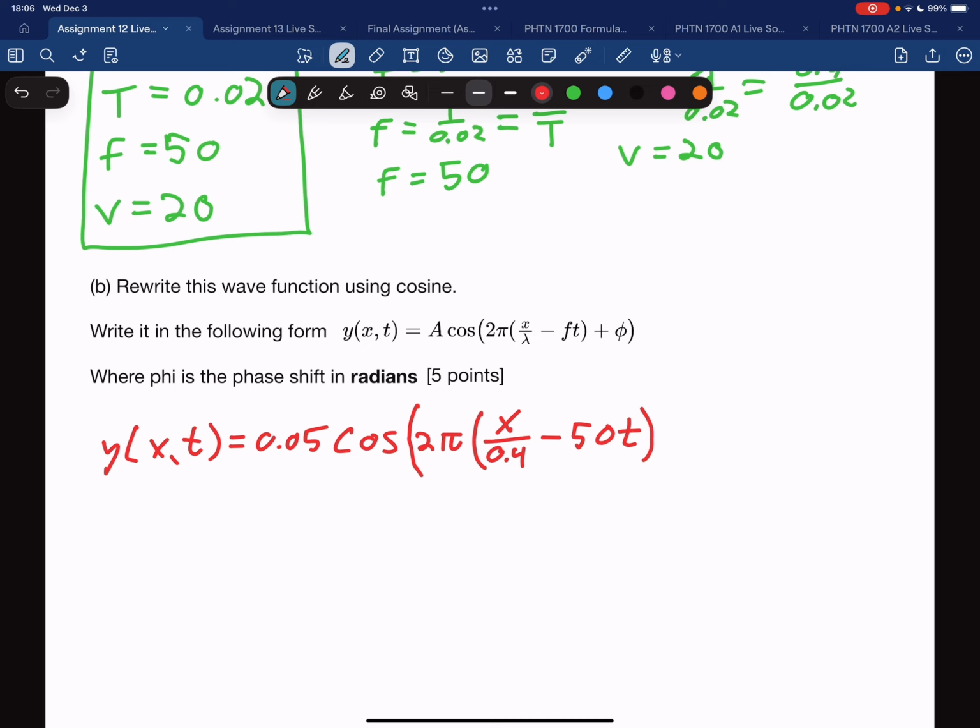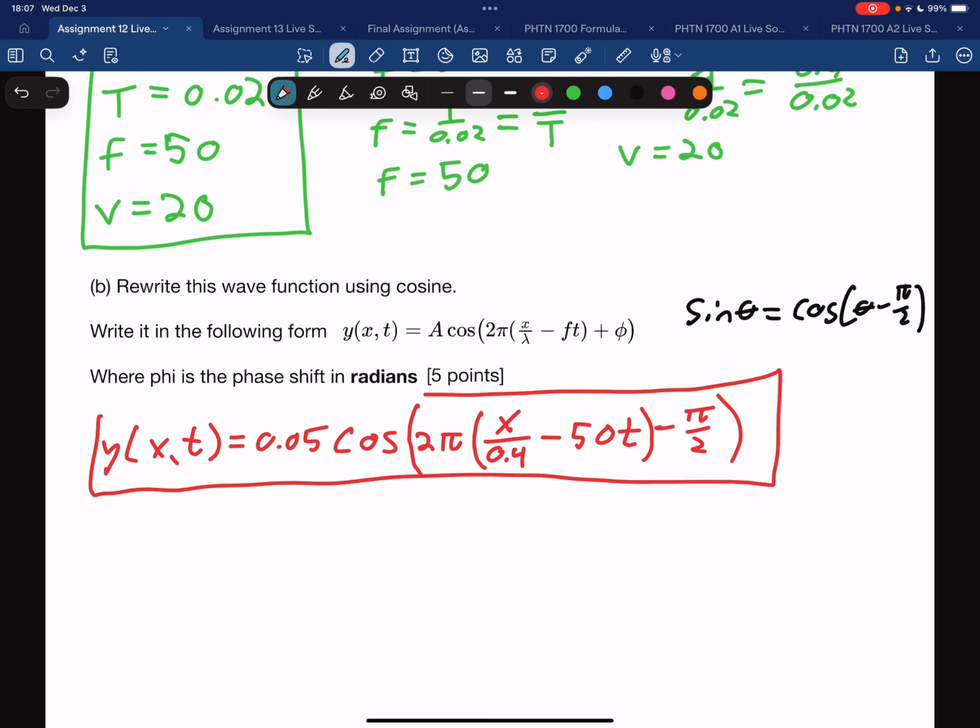Now, my phase shift here, I know that sine theta equals cosine of theta minus pi over 2. So I will add minus pi over 2 as my phase shift here. You're more than welcome to graph that in Desmos to prove it to yourself that this phase shift does work. And this was the correct answer here.